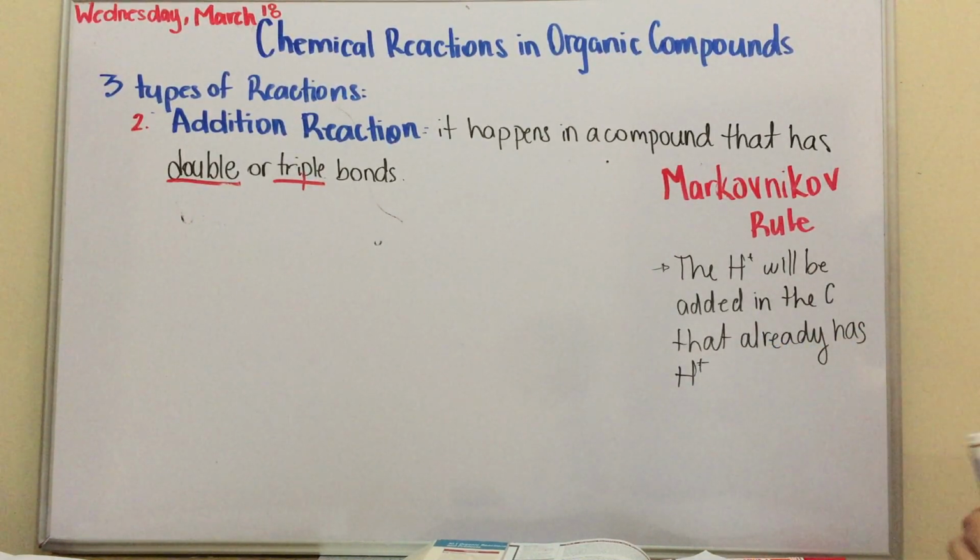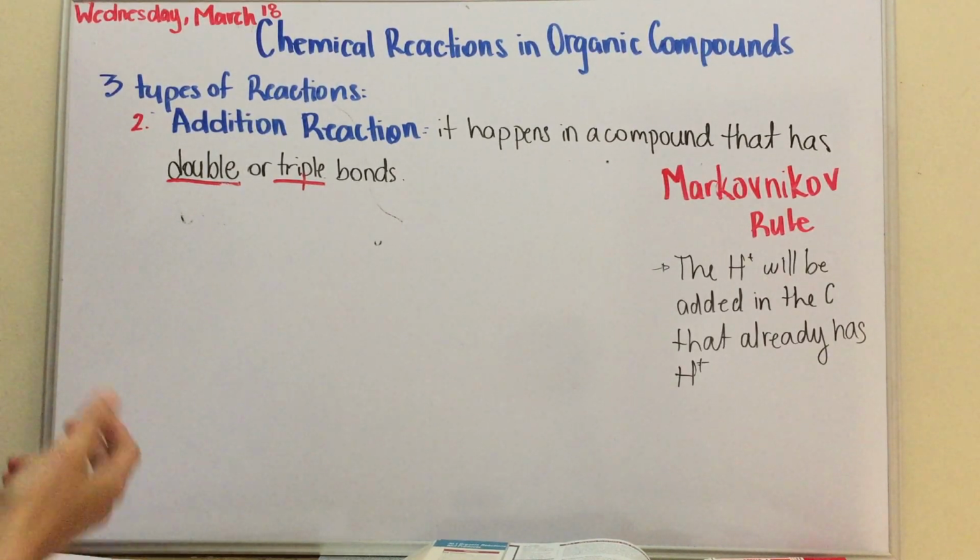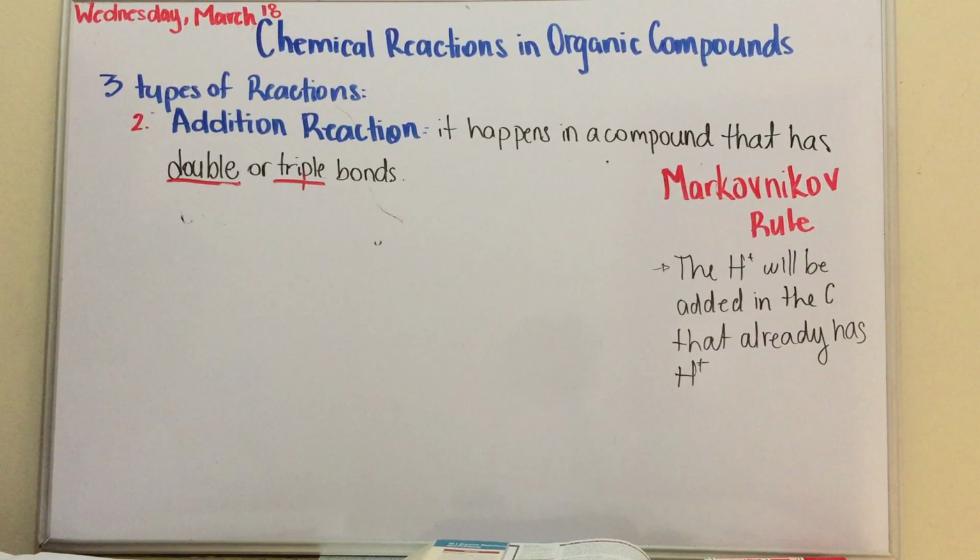hydrogens make carbon stable. So if a carbon already has 1 hydrogen, we are going to add the rest of the hydrogen that we're adding in our addition reaction to that carbon. I'm going to explain to you right now what I've been trying to say, because Markovnikov can sound a little bit complicated, but it's not once you see it in practice.